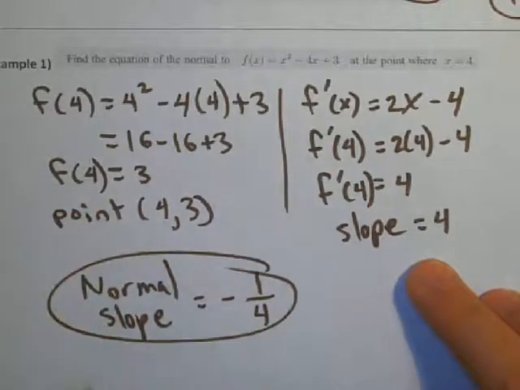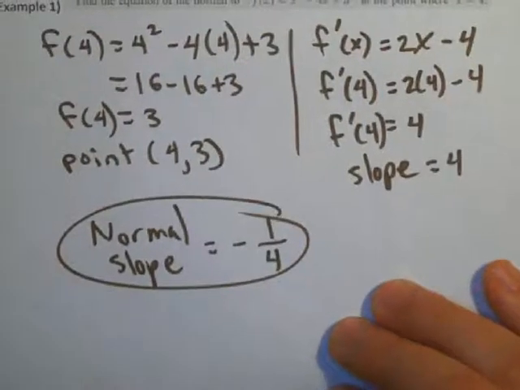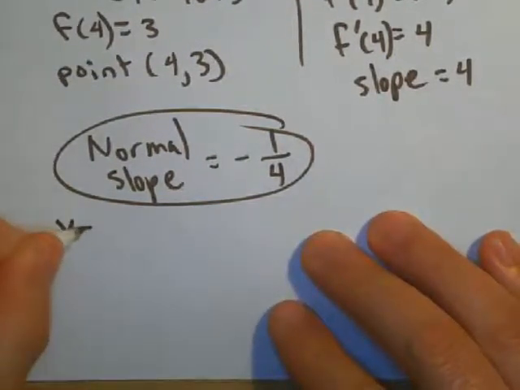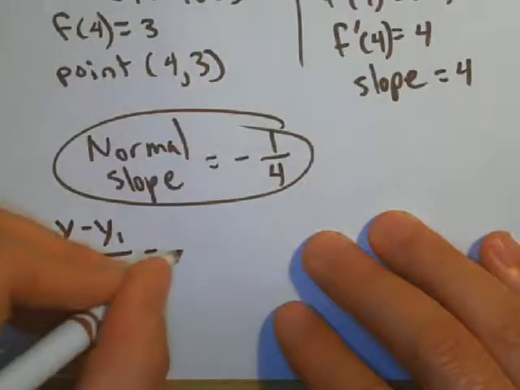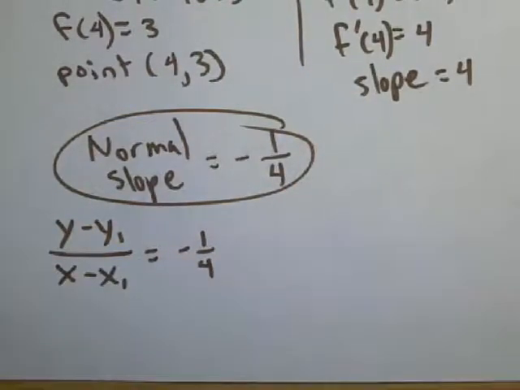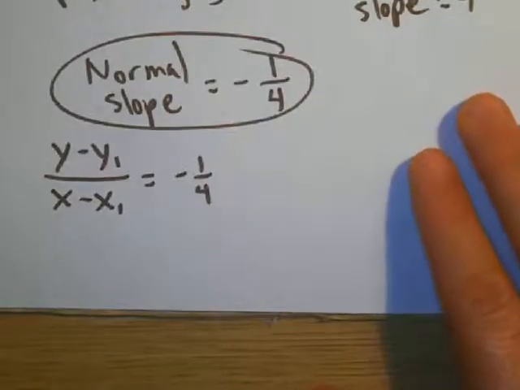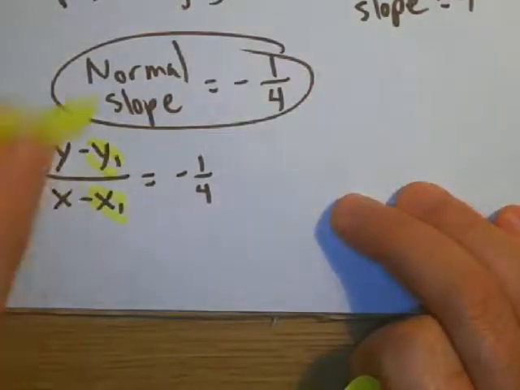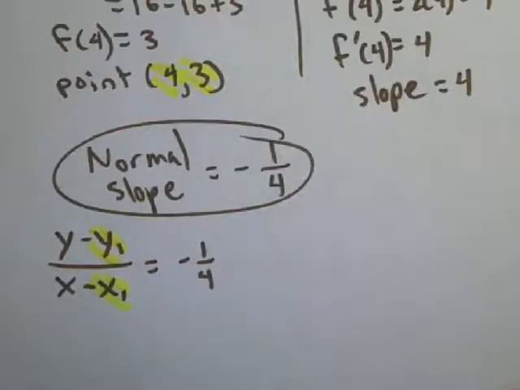Now we're going to use what we learned in the previous two sections, where we have y minus y1 over x minus x1 equals our slope. Now we're going to write negative 1/4 for the slope, and instead of y1 and x1, we're going to put in a 3 and a 4, just like we did in the previous two sections.